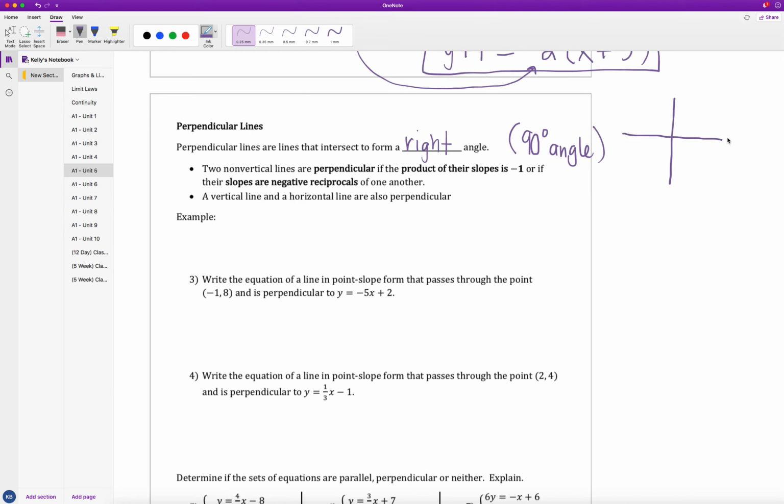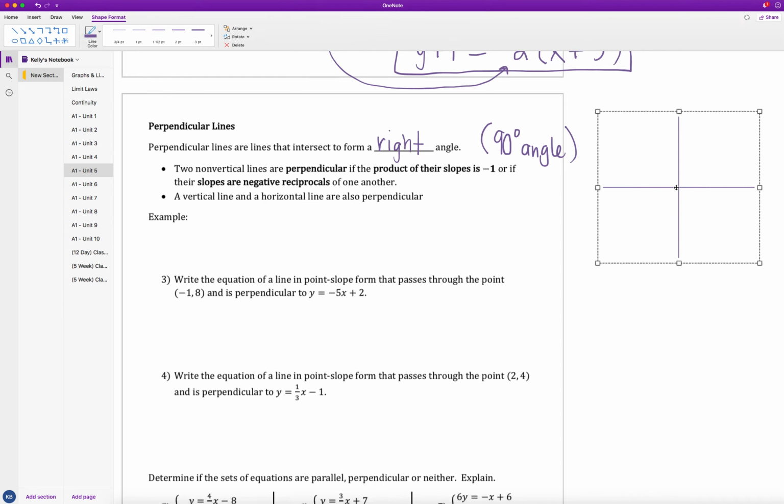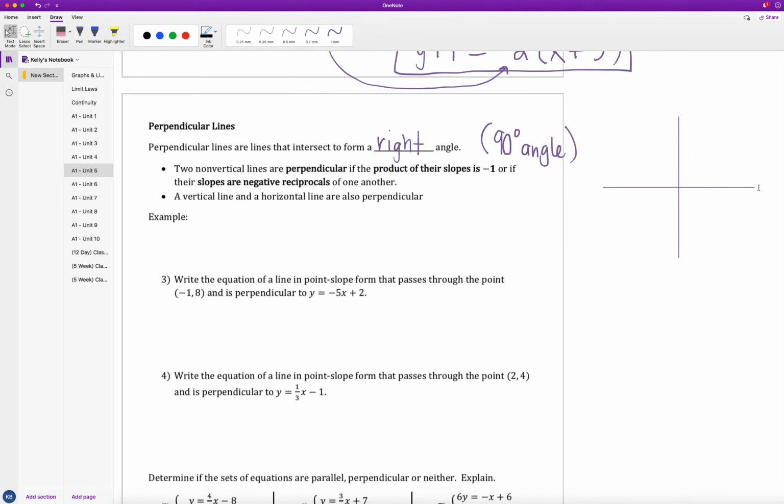One good example of that would be, let's insert a coordinate plane. So in a coordinate plane, we have our x and our y axes, and those intersect at 90-degree angles.